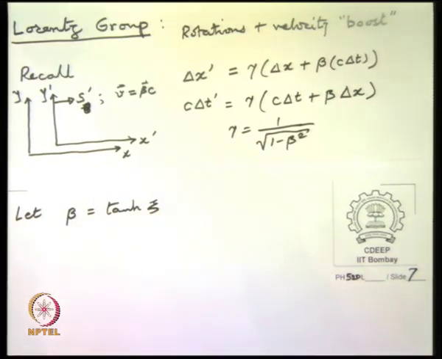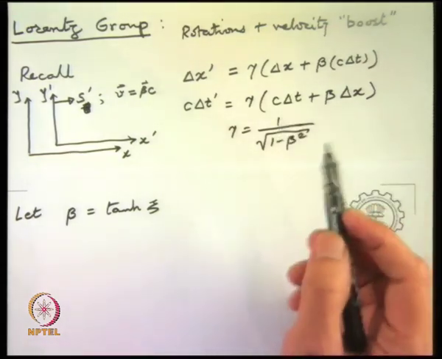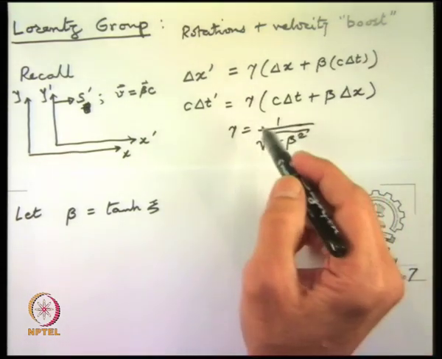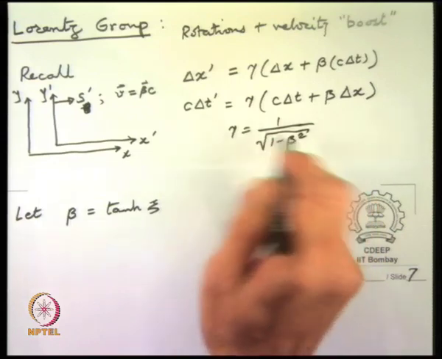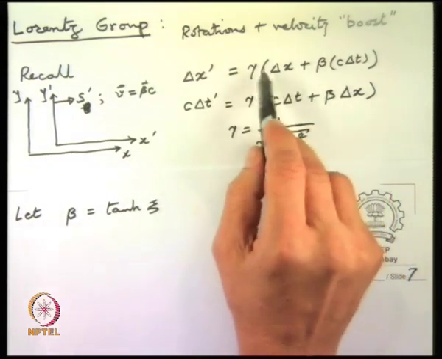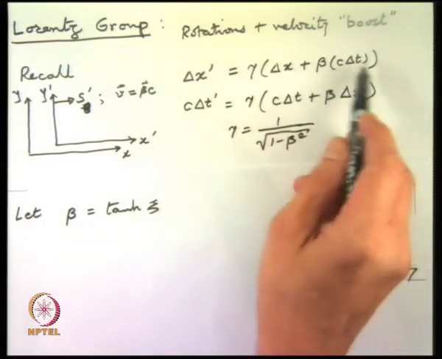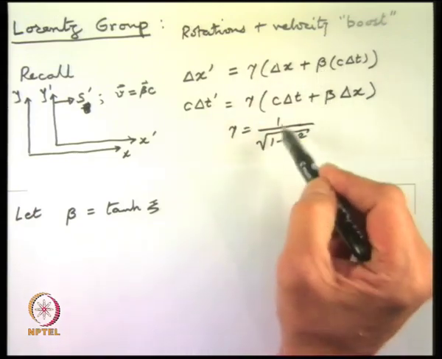So the point is that we are looking here at two quantities, gamma and beta. Typically in the transformation it will be gamma times this, gamma beta times this, but gamma is again related to beta. So there is only one parameter.